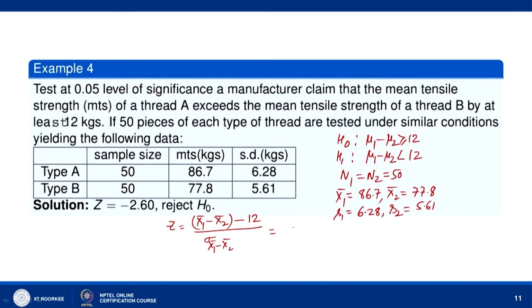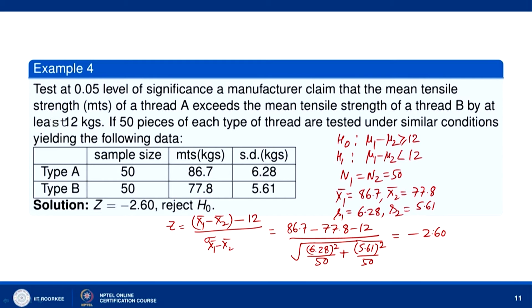This is equal to 86.7 minus 77.8 minus 12, divided by the square root of 6.28 squared divided by 50 plus 5.61 squared divided by 50. This comes out to be equal to minus 2.60.